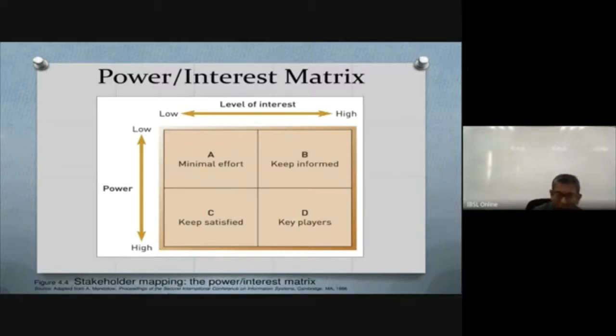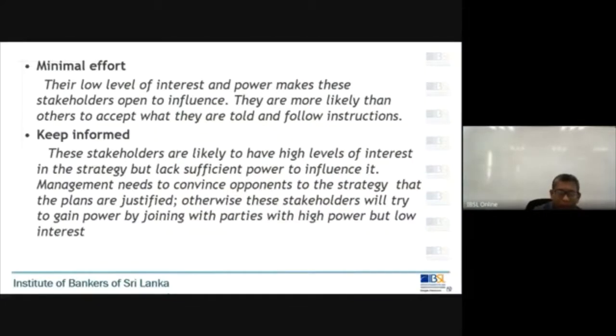The last one, where interest is also high and power is also high, especially our regulator. Why do you say that? Because these have an interest in the strategy.